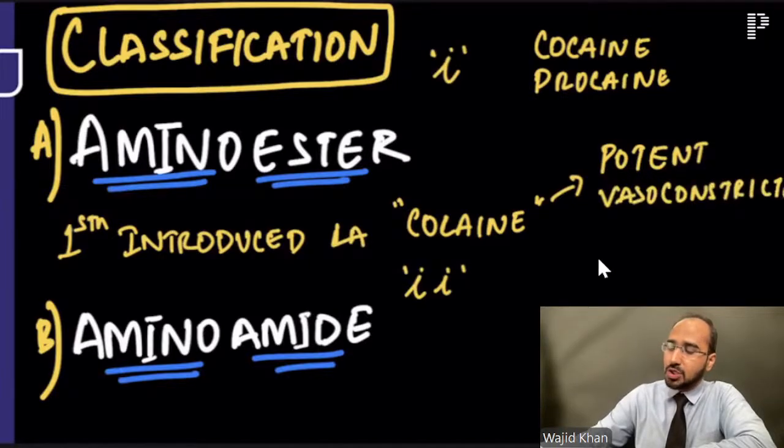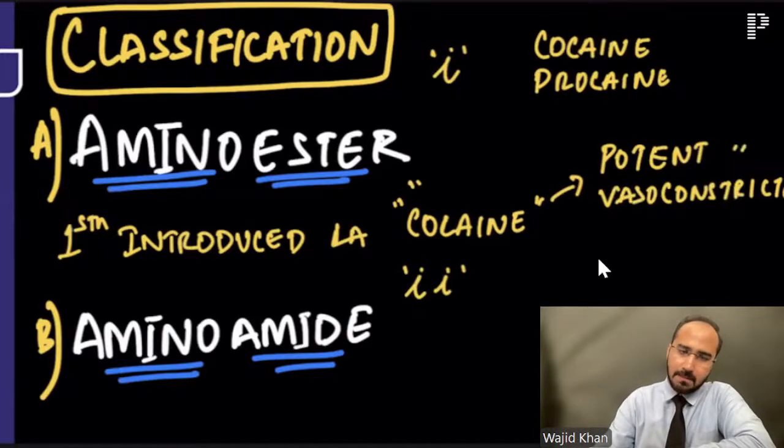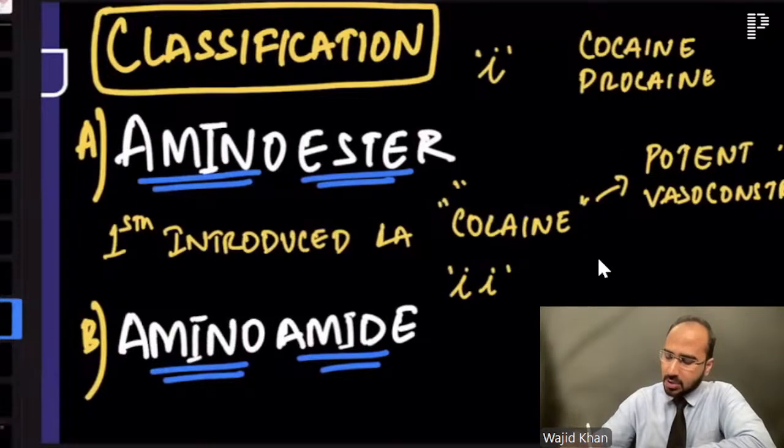Hence, cocaine should not be given IV. So these 2 points of cocaine you have to remember. Okay. Amino amides means what? The drugs having two I's. Lignocaine, prilocaine, bupivacaine, mepivacaine, dibucaine, all are amino amides.